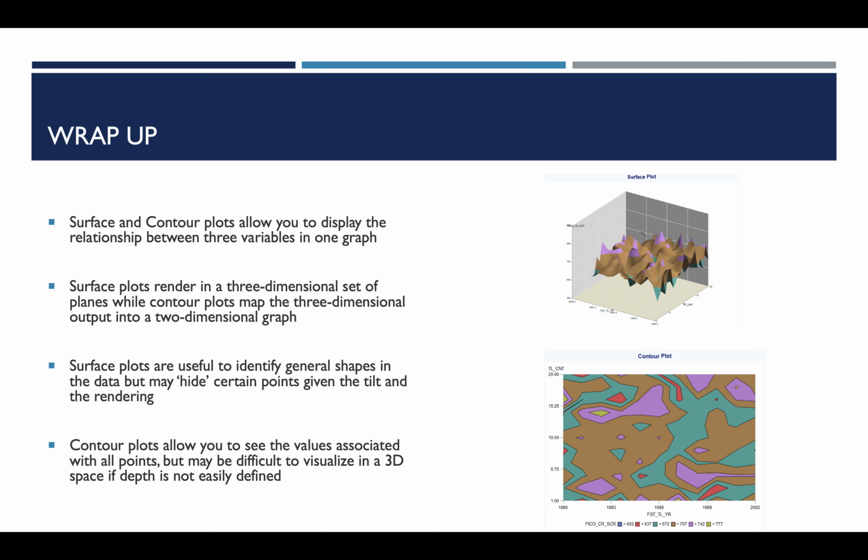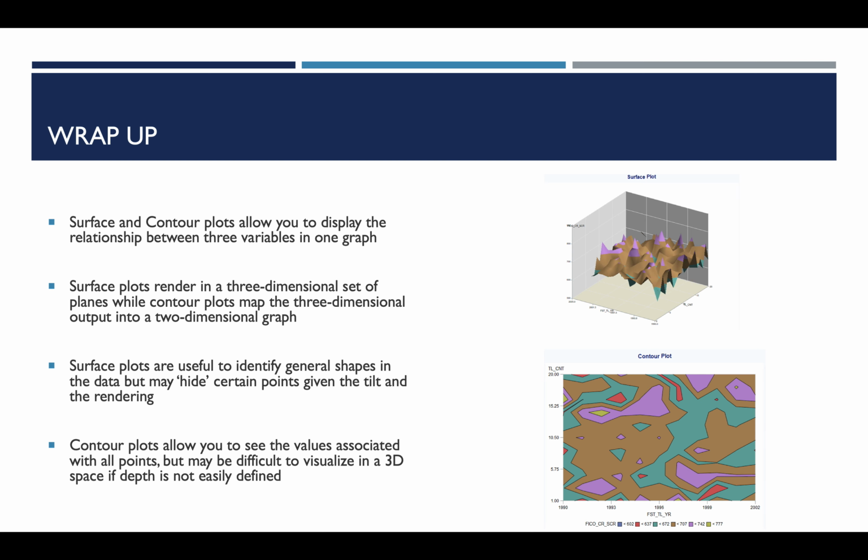So just to wrap up, surface and contour plots allow you to display relationships between three variables in one graph. Surface plots will render in a three-dimensional set of planes, while contour plots will map the three-dimensional output onto a two-dimensional graph. Surface plots are useful to identify general shapes in the data, but might hide certain points given the tilt and the rendering.